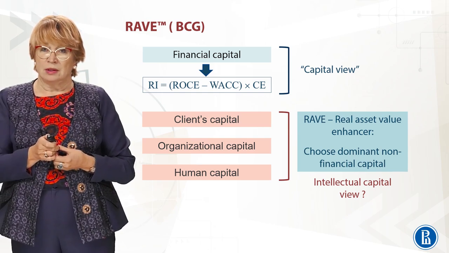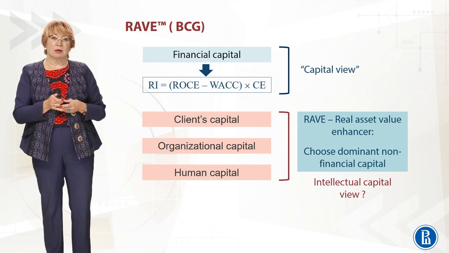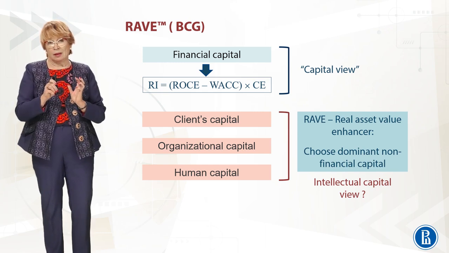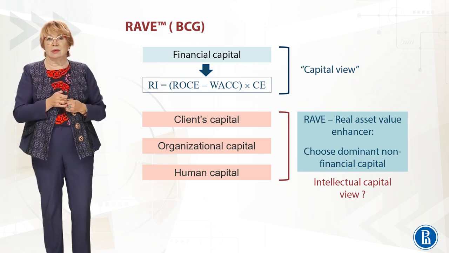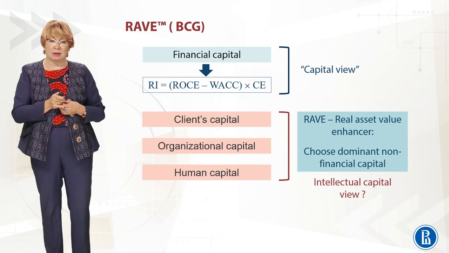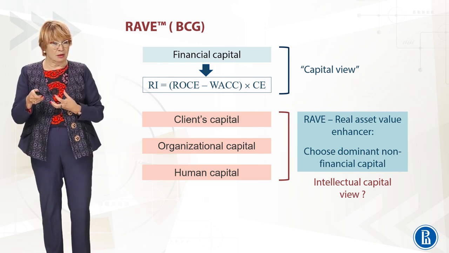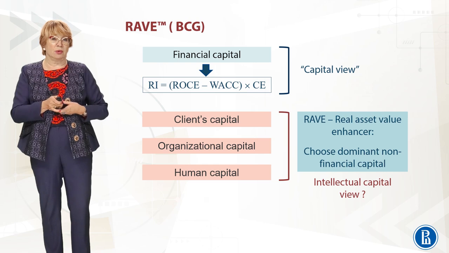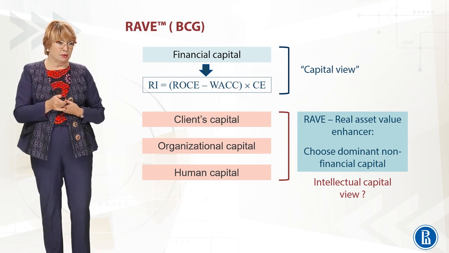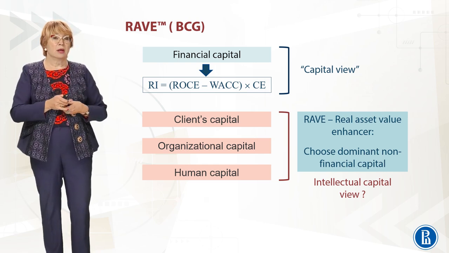So we are used to computing economic profit as in the first part of that slide, where we are showing the financial capital, or the so-called capital view. We are used to applying the capital view on economic profit. We made it throughout that course.